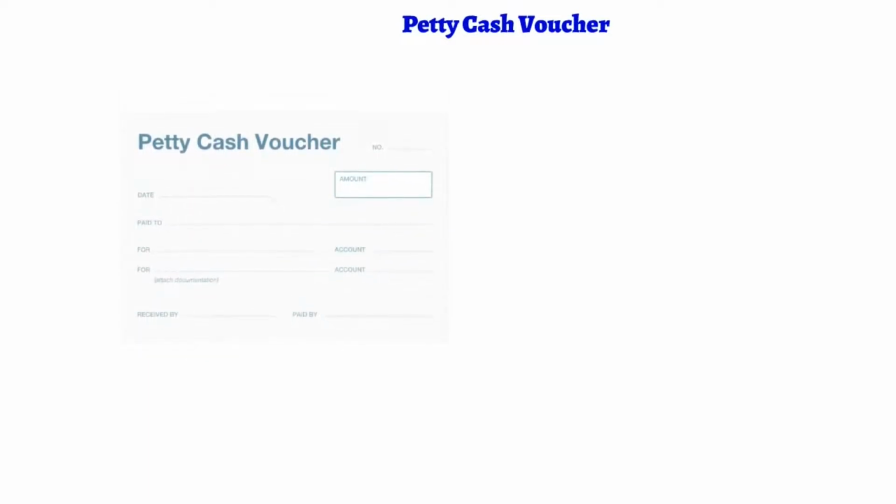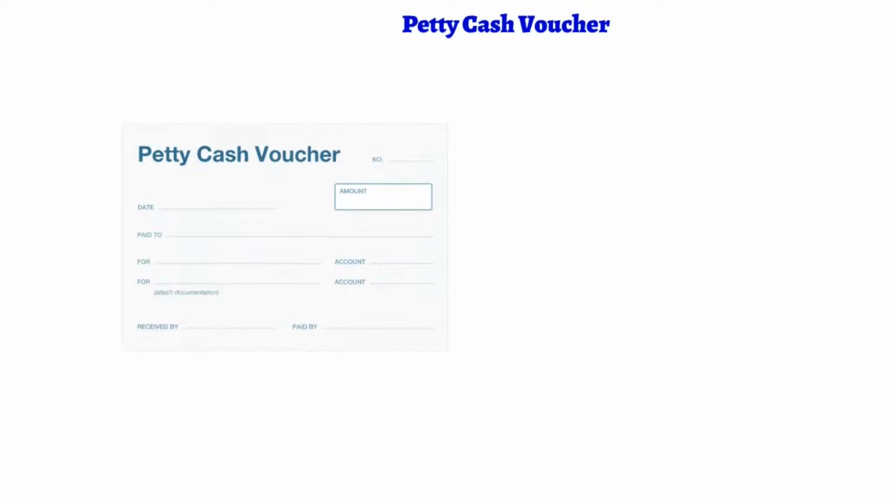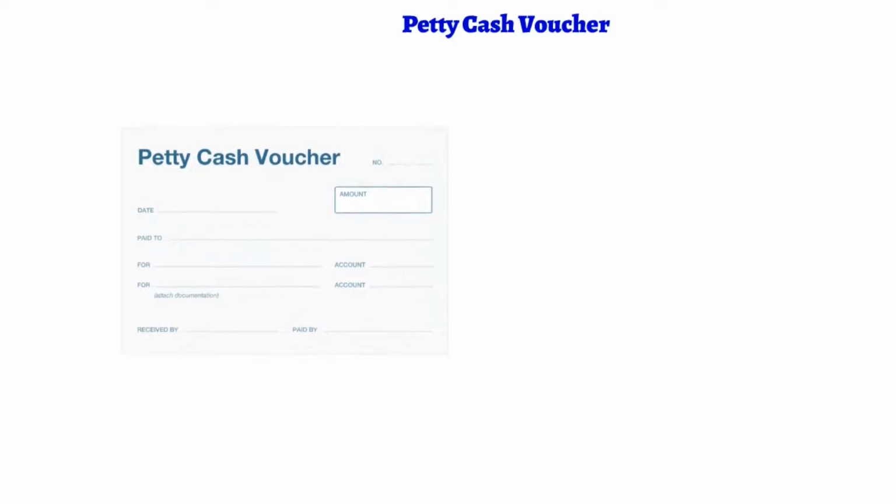So the items that may require the use of petty cash vouchers may be the purchase of stamps, the purchase of pens, or the need for a taxi to run an errand on behalf of the business. Since it's a small expenditure, it can be taken care of with the use of petty cash.